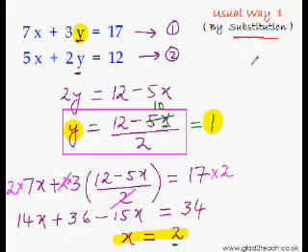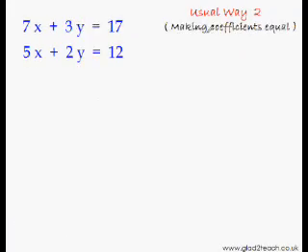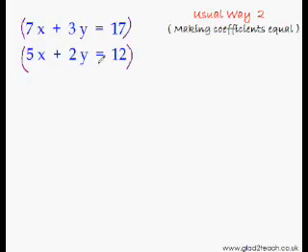Okay, so now let me show you the second usual way. I'm sure you'll find that much better. The usual way too, as you know, is elimination by making the coefficients equal. Basically, we would make one of these two pairs of coefficients equal so that we can cancel them out. I'll prefer this one, as 3 and 2 are smaller numbers compared to 7 and 5. So just multiply this coefficient with this other equation completely and multiply this coefficient with this equation completely.